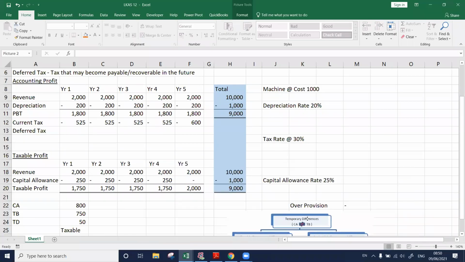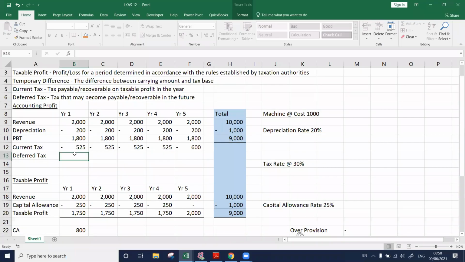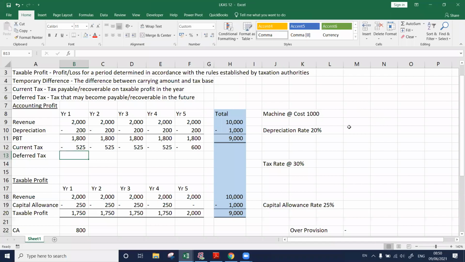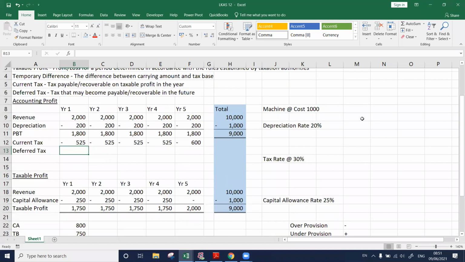For the moment, I will have it here. Taxable temporary difference. So what should be the deferred tax amount? If there is a taxable temporary difference, it will result in a deferred tax liability.